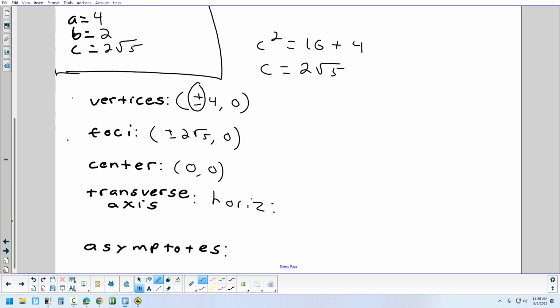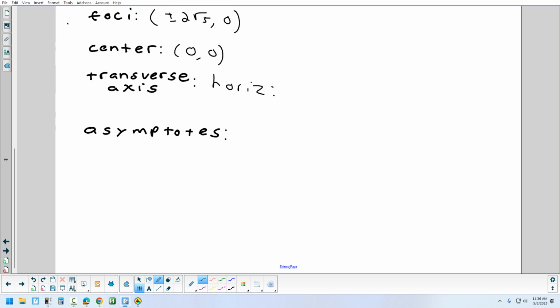And now we need the asymptotes. When the center is at the origin, you don't have to worry about a y-intercept. When it's shifted, you do. Then the equation gets a little more complicated for the asymptote. This is just going to be y equals slope times x. When you are horizontal, what's the formula for your slope?